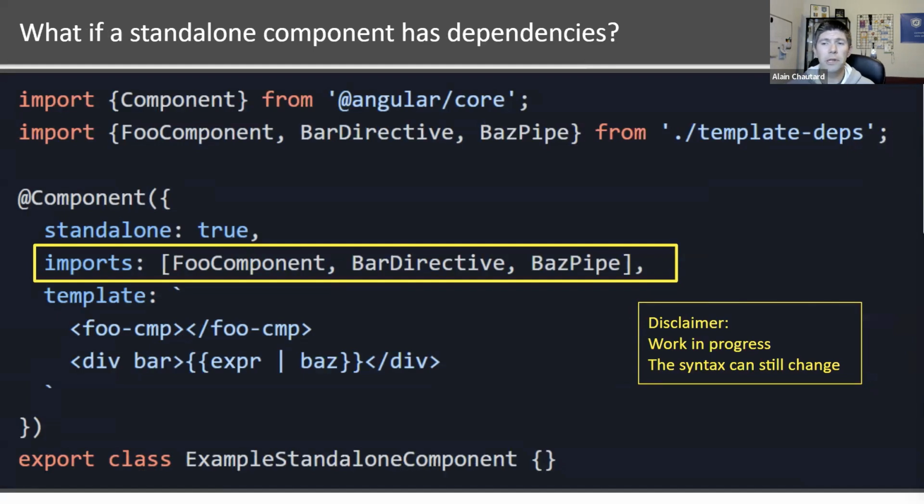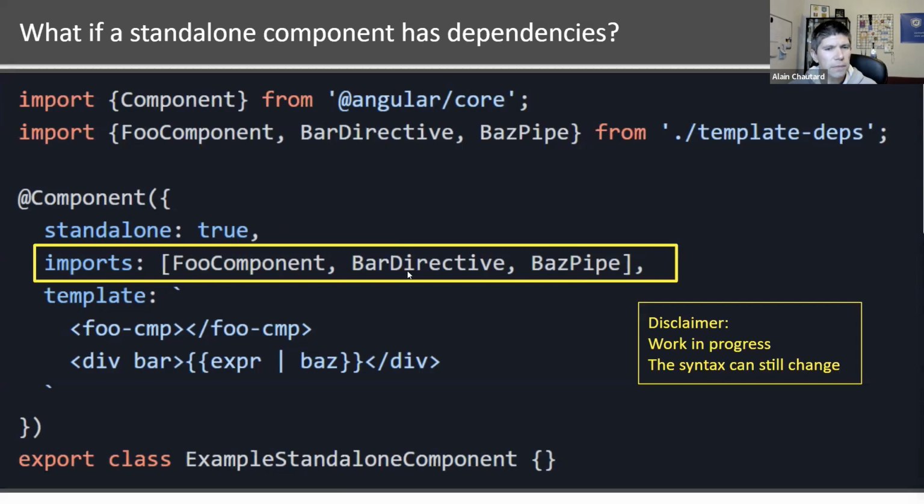And if we have any dependencies, same thing, they would have to be declared as such in the standalone component, which means that in a way, we're going to have all of the imports of our dependencies, just like we would have in an NgModule. So we're kind of recreating the syntax a little bit in there, because we still need to import those definitions and tell the Angular compiler, hey, these are the things you're going to find in the template, and you have to know where they come from so you can compile properly.